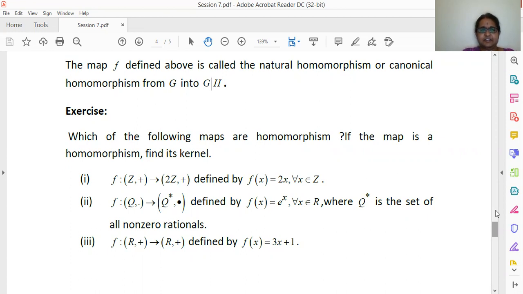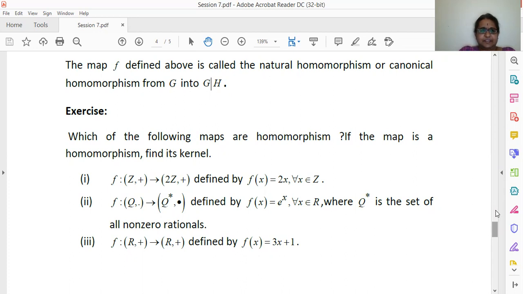So kernel f is the set of all x which belongs to Z such that 2x is equal to 0, or x is equal to 0. So the kernel f consists of the set consisting of the identity element 0. Kernel f is equal to the set consisting of 0.